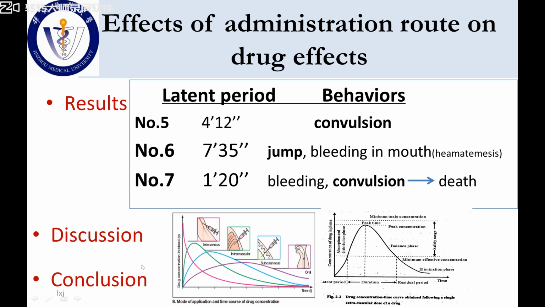So based on this, can you make a conclusion about this experiment? It's very easy. It means administration routes have effect on the drug effects. In detail, peritoneal injection leads to a relatively early effect.